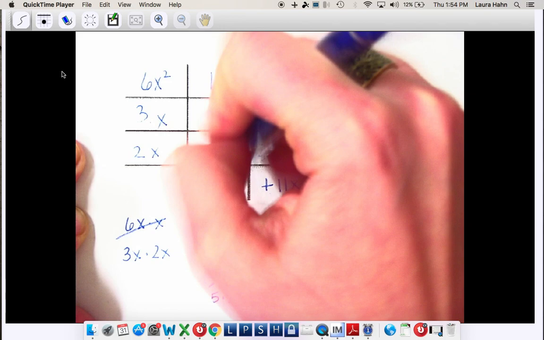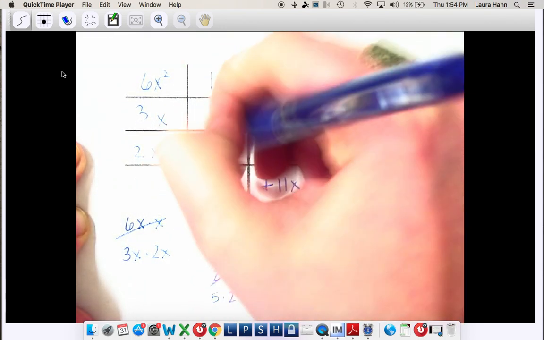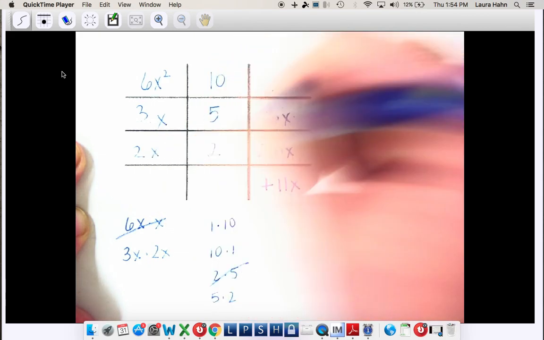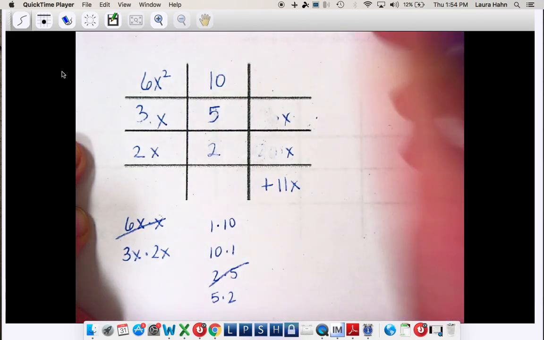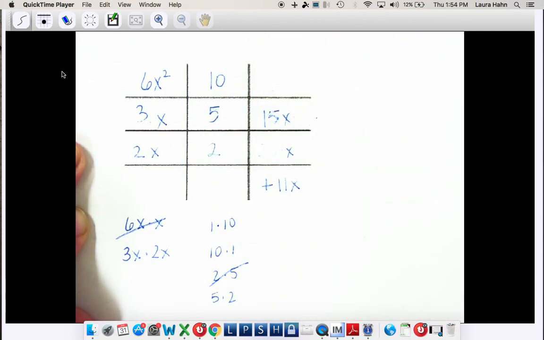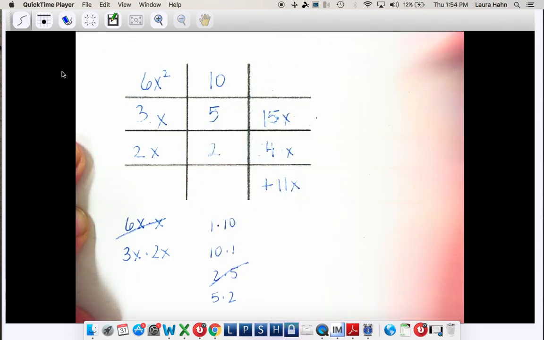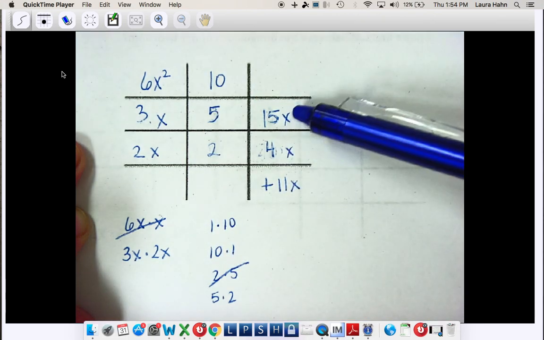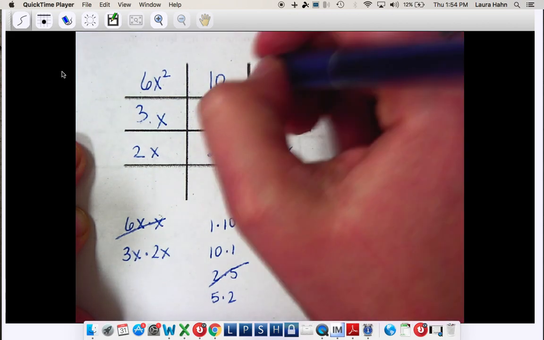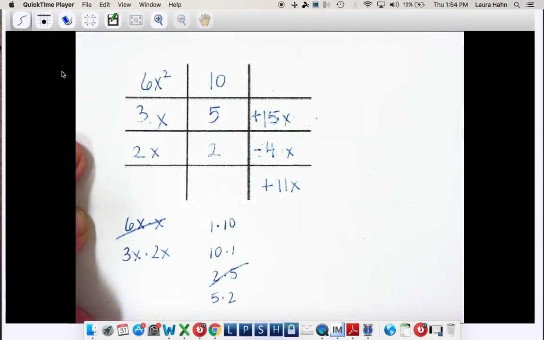Holy moly. This one's got to be it, right? 5, 2. Multiply across. 3 times 5 is 15. 2x times 2 is 4x. Can I get to 11, 15, and 4? I sure can. A positive 15, a minus 4. 15 minus 4 is 11.